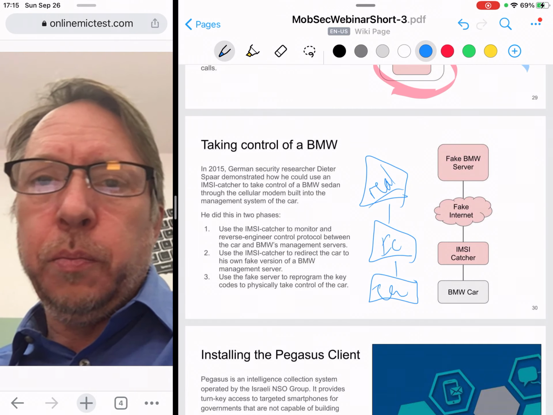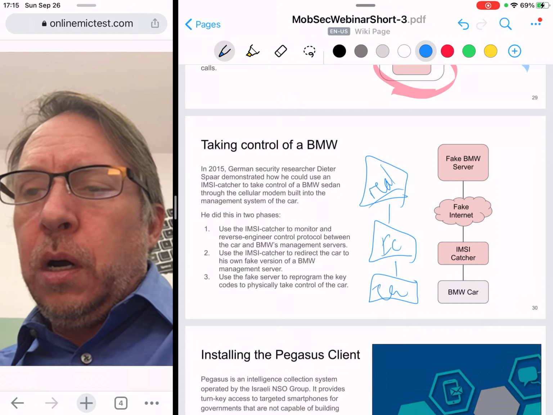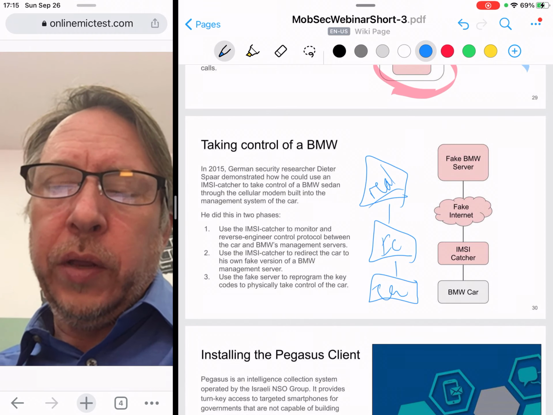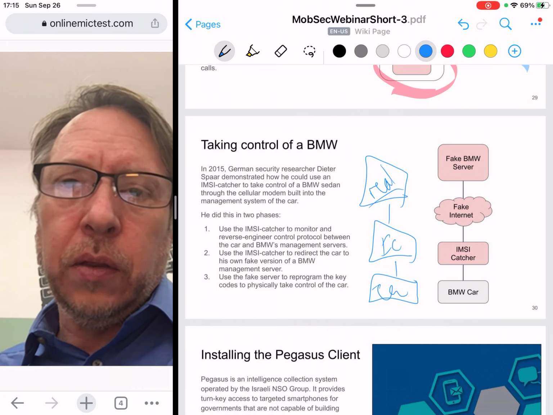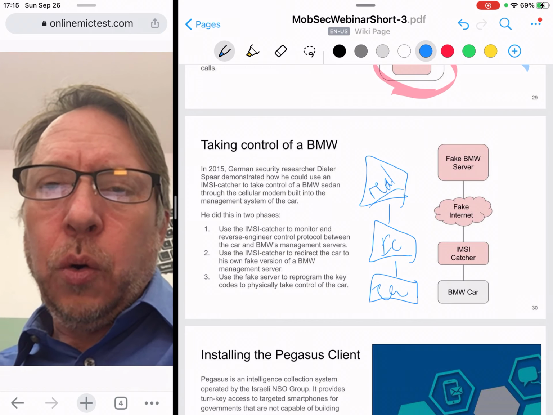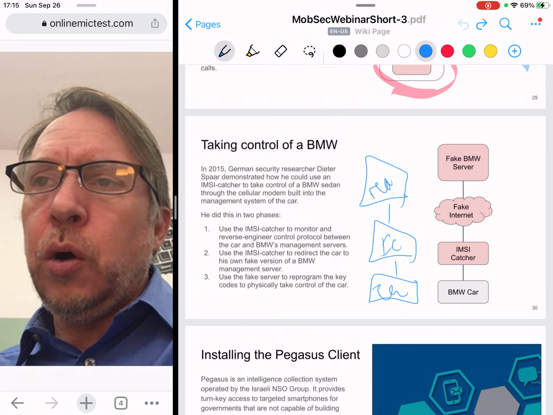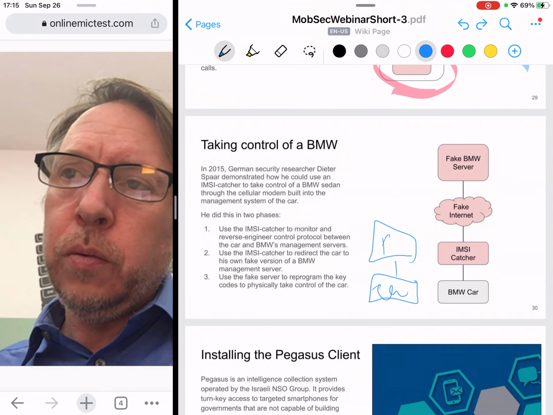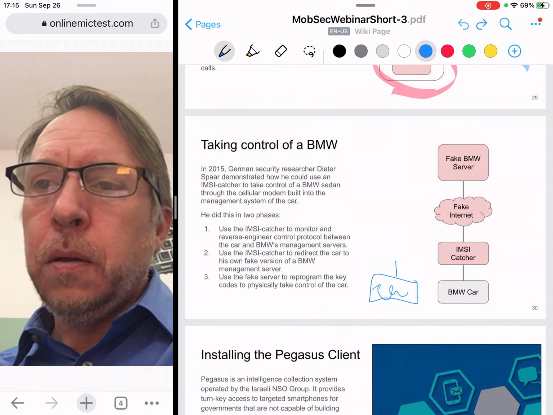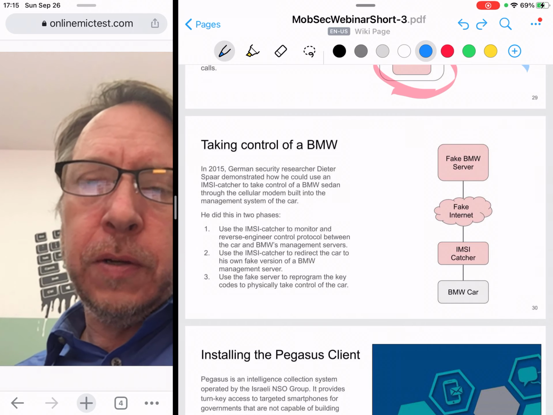And using this setup, he records the protocol between the car and the control server. Once he's recorded that protocol, and once he knows the protocol between these two systems, he can then build his own fake server that talks the same protocol.